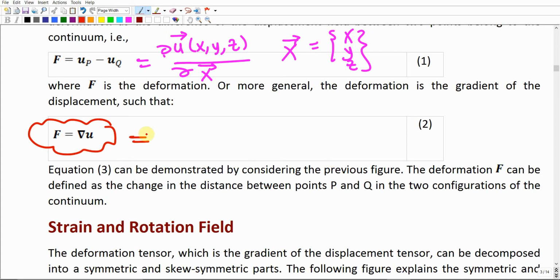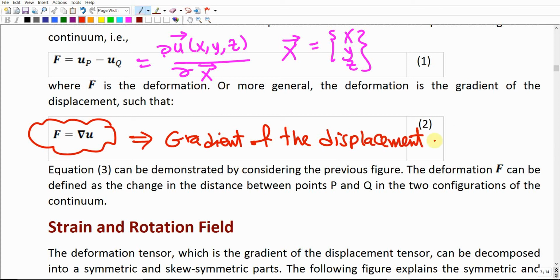So this is known as the gradient of the displacement field. And this is what defines the deformation in general. Generally the deformation expresses two main things: changes in dimensions and shape, and rotation.